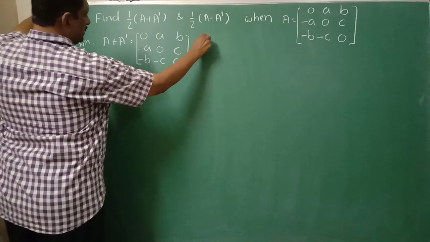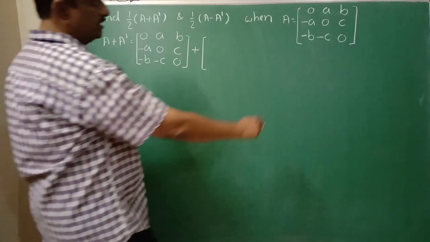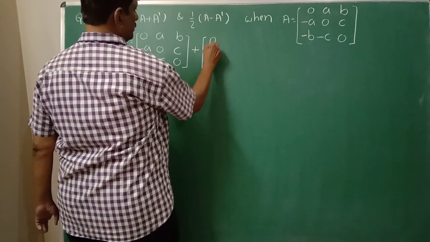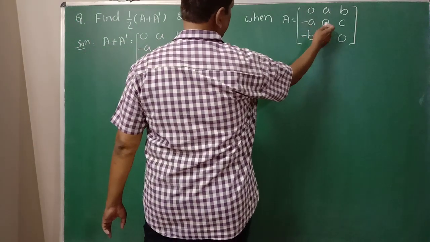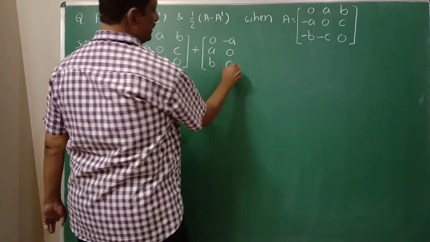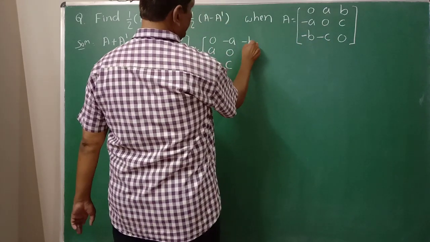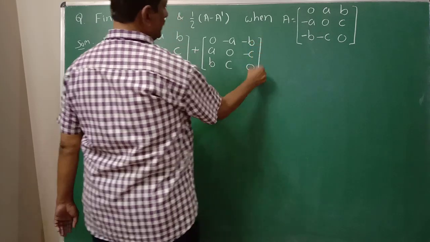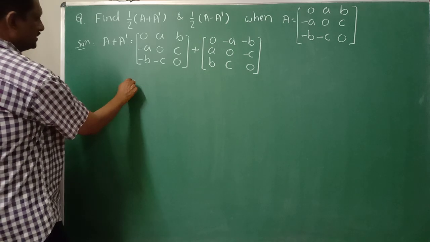Then A dash is the transpose of this one: 0, a, b in the column; minus a, 0, c; minus b, minus c, 0. Then add it here.